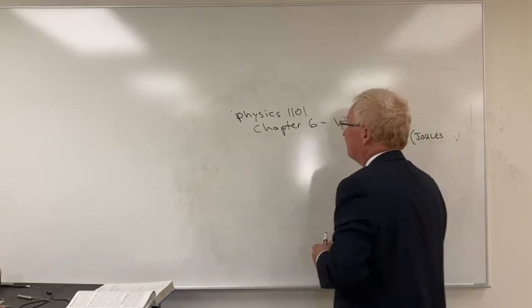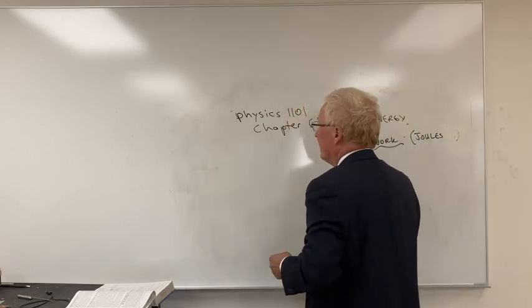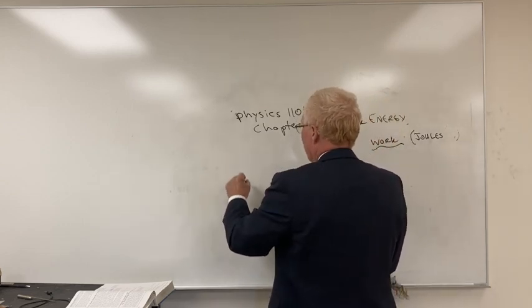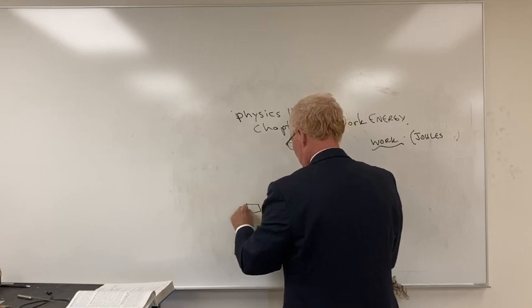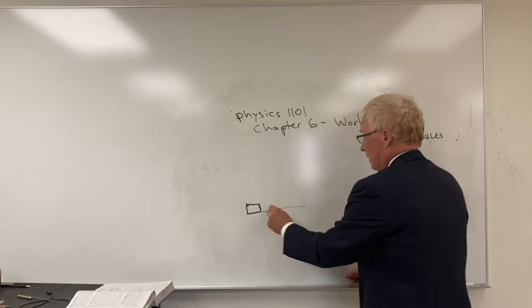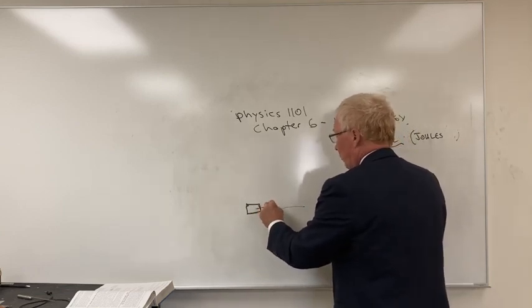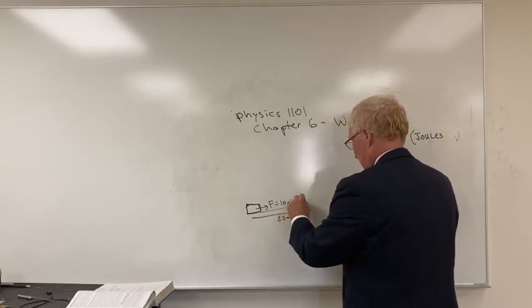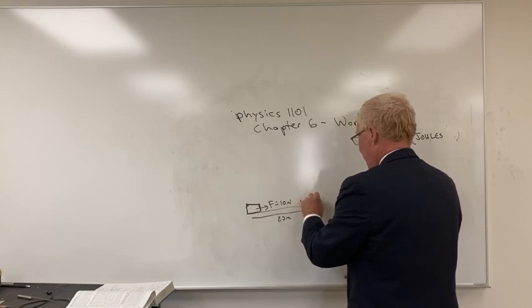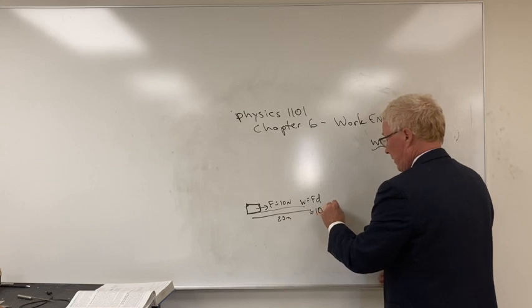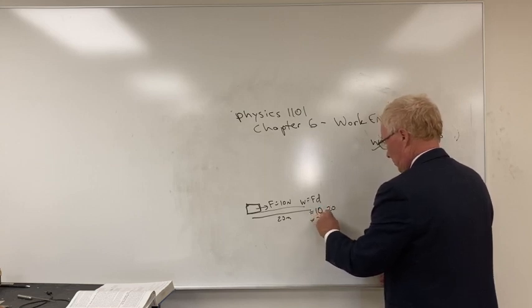All right. If we have a block, all right, and we're pulling it so it accelerates, so the force is 10 newtons, and we pull at a distance of 20 meters, the work will be force times distance, which would be 10 times 20, which is 200 joules.